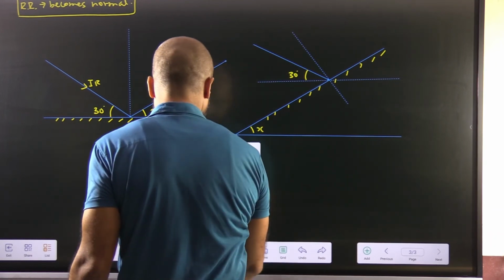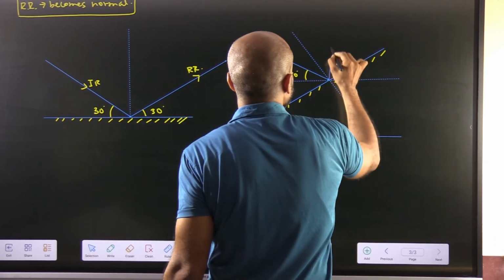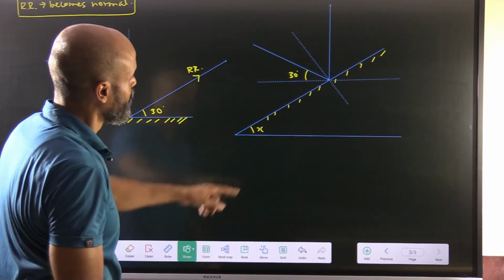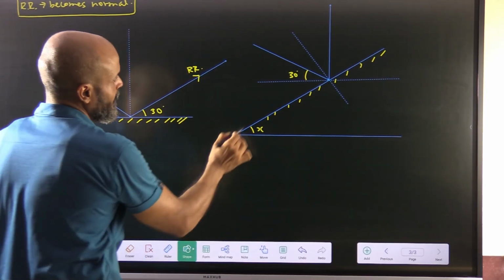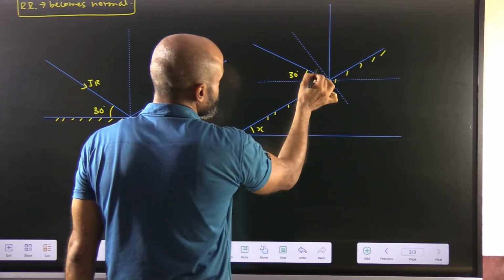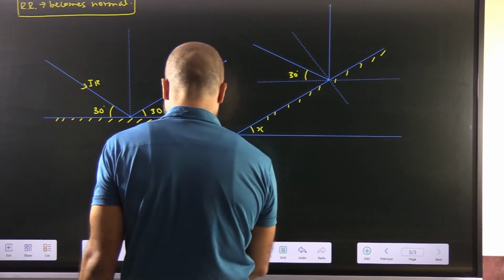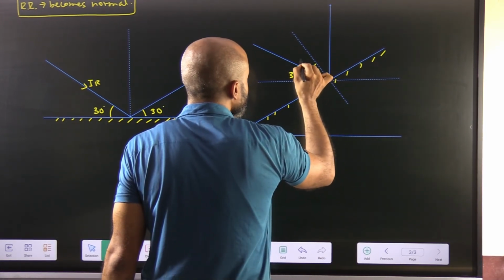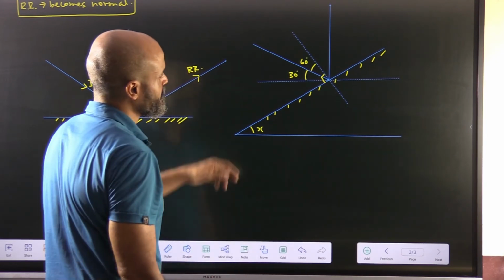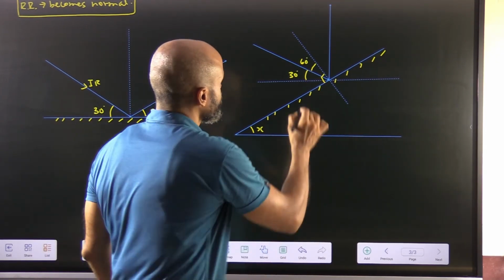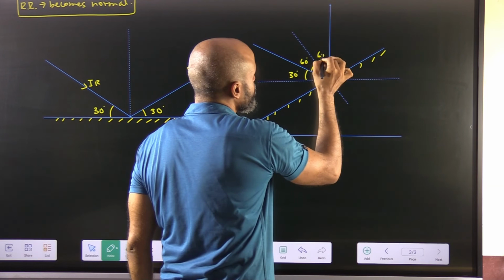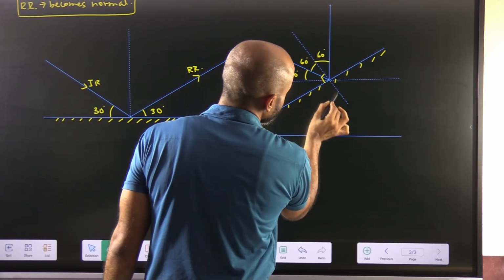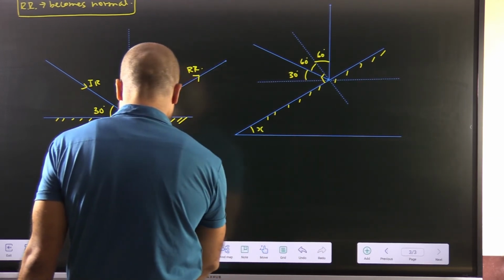So now the angle is, yes, this will be 90. So the reflected ray becomes normal. If this is 30, this is 30, and we know that this particular angle is 90, so obviously this will be 60, this will be 60. See, this is 30, so this will be 60, so the angle of reflection in the new case will also be 60.